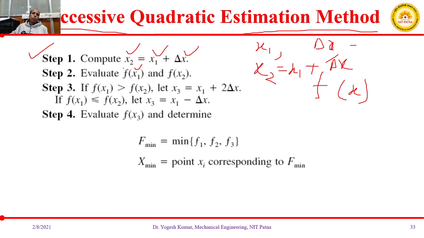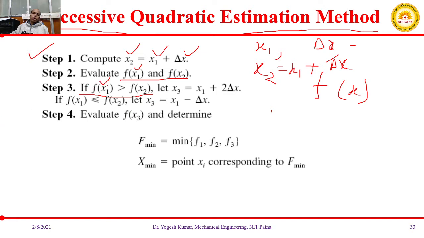After evaluating, we compare the results. In step 3, we compare the values of f(x1) and f(x2). In all optimization algorithms we are normally talking about a minimization problem.